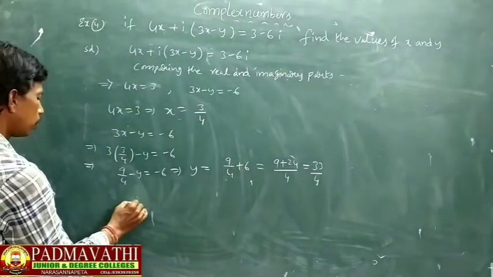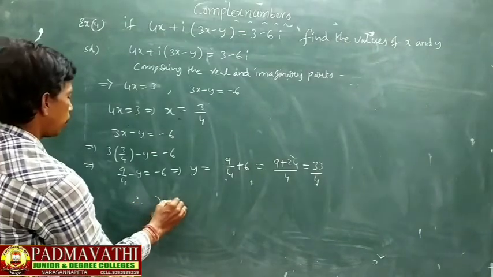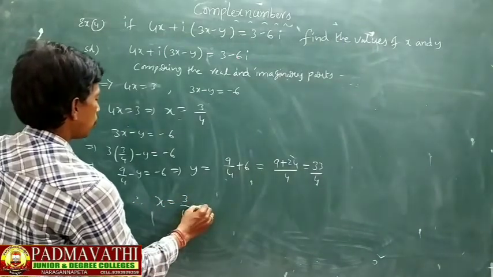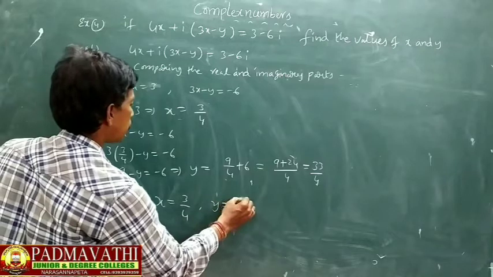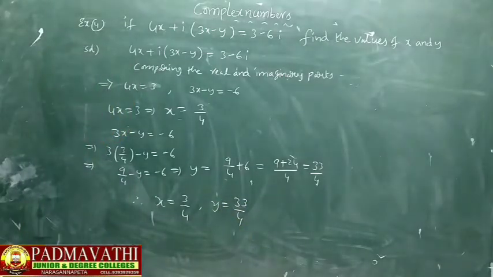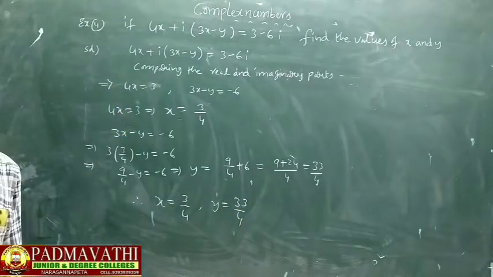Therefore, x equals 3 by 4 and y equals 33 by 4. That is the required values of x and y.